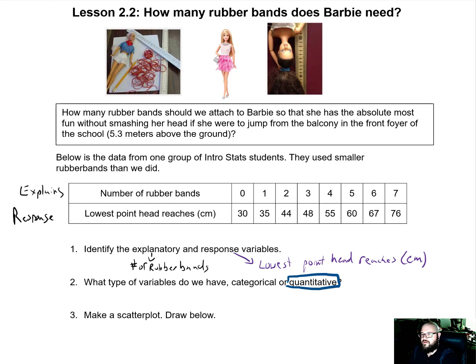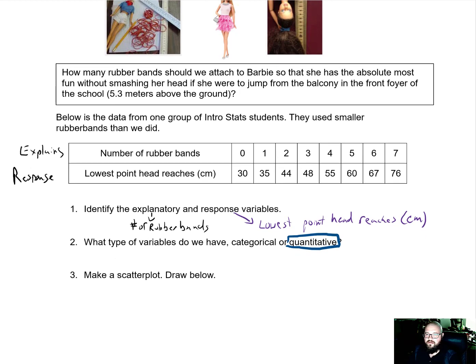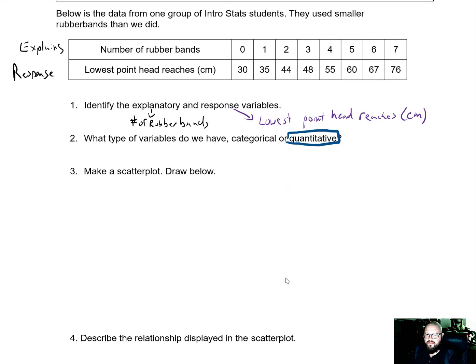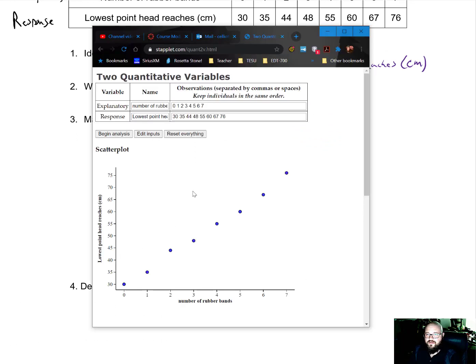Now, the only thing I want us to do here was to make a scatter plot and draw below. Well, I'm going to use a little help here instead of actually drawing it by hand and making a mess. Let's use Statplet.com. I did two quantitative variables, and I've already typed them in there for the number of bands down here at the bottom.